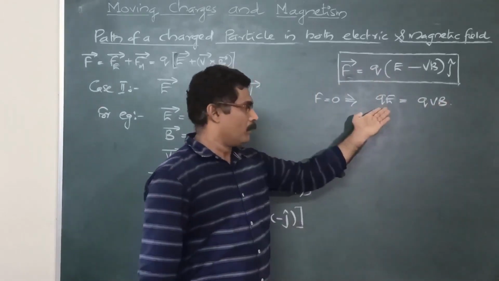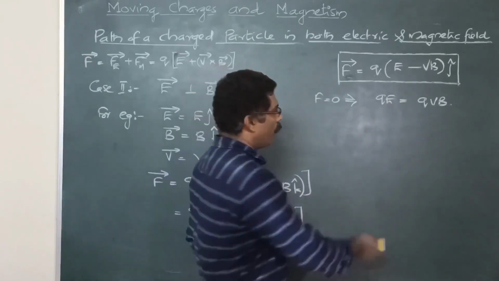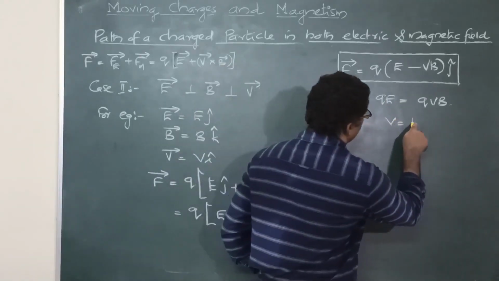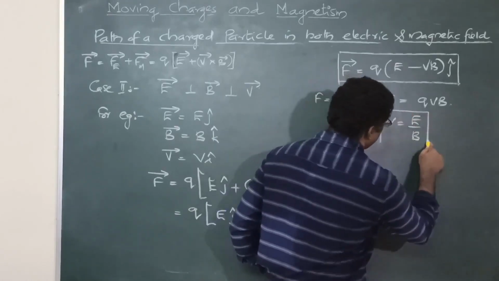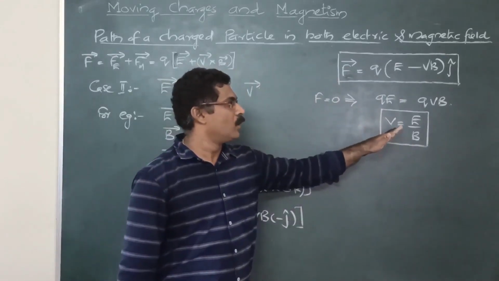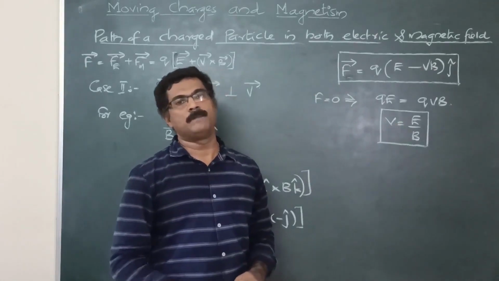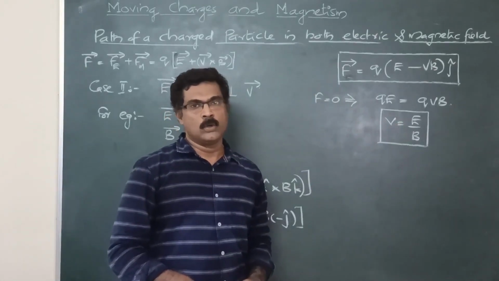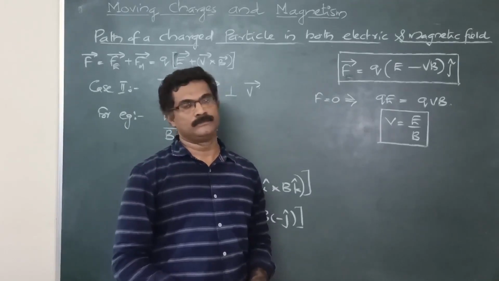That is, magnetic force and electrostatic force are equal, or you can say V equal to E by B. So this is a special condition for the net force equal to 0 when the charged particle is moving through a perpendicular electric and magnetic field.